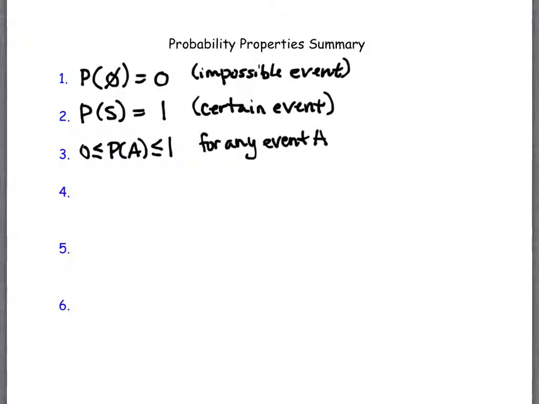All right, number 4 we saw written above on the last page of theorems. Let me say it that way first. If A intersect B is the empty set, that means they're mutually exclusive.